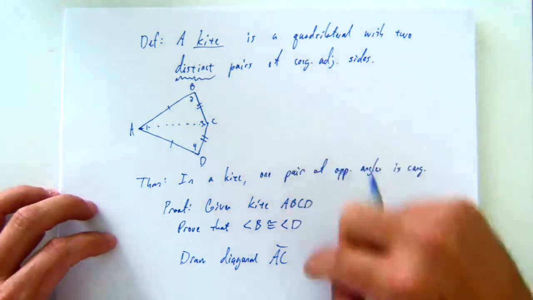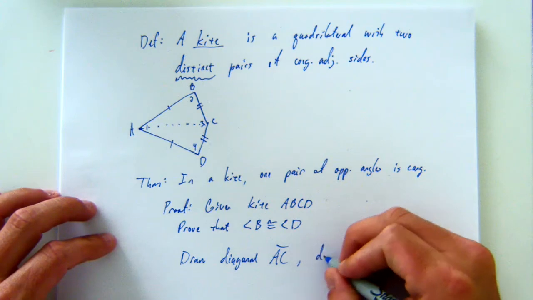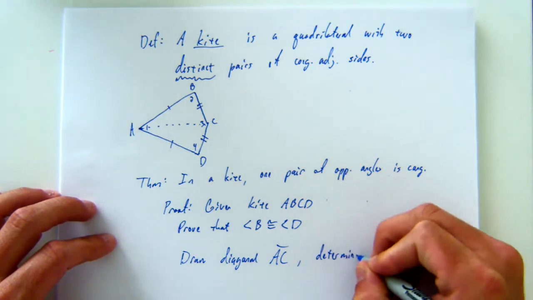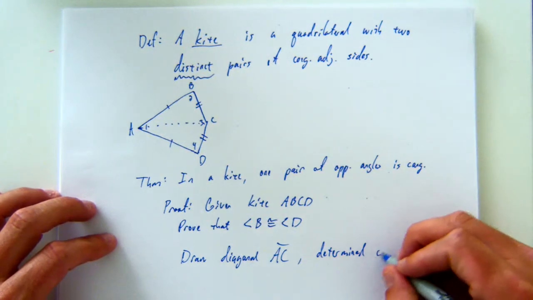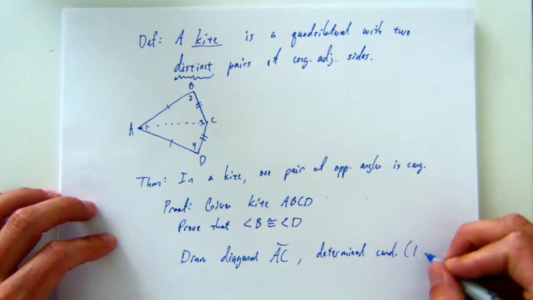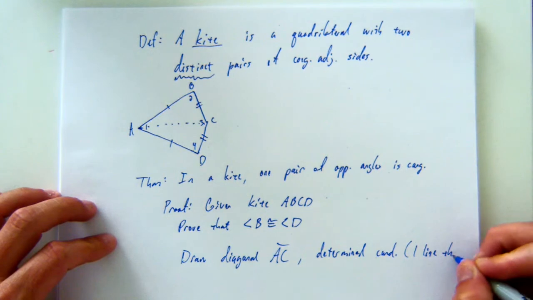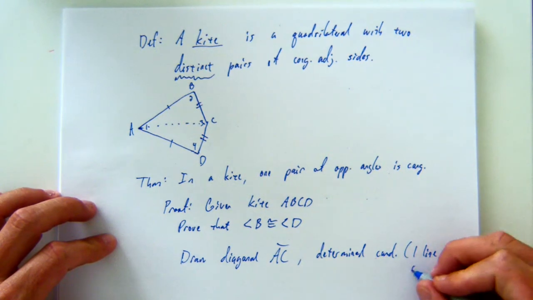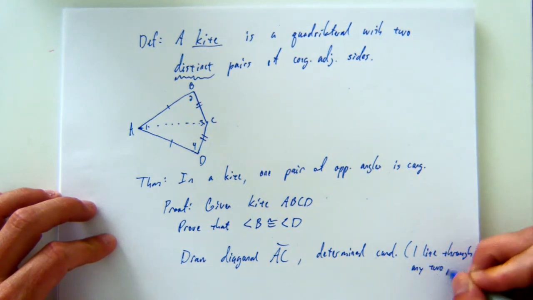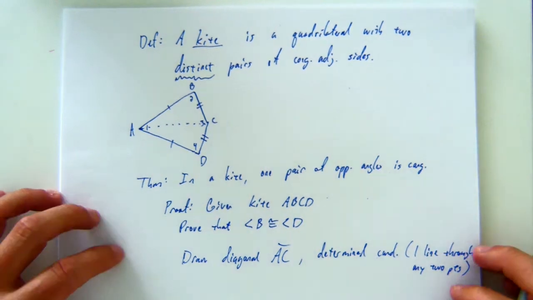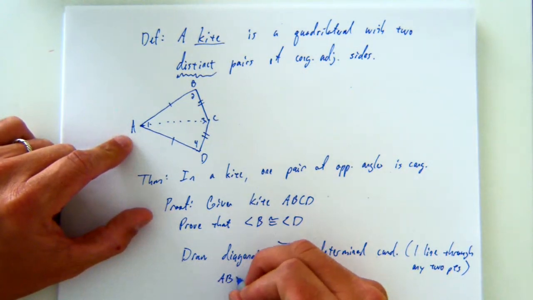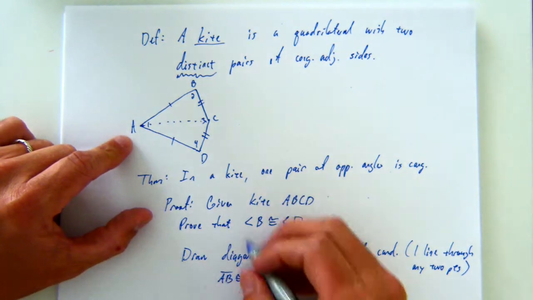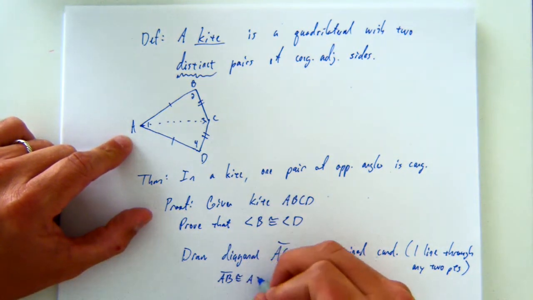This is a determined condition. Because there is only one line through any 2 points. Determined condition. One line through any 2 points. Now we can see that line segment AB is congruent to line segment AD.